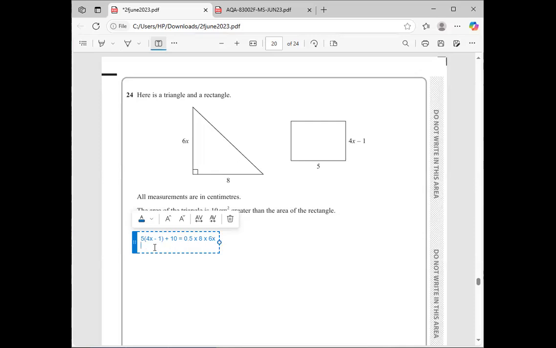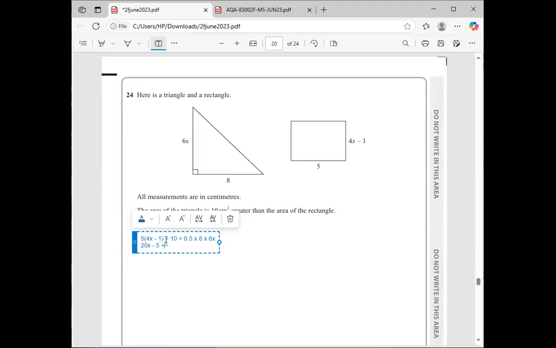Now, on the left-hand side, I have 5 into 4x minus 1. That's going to give me 20x minus 5, because 5 is going to multiply the 4x, and 5 is going to multiply 1. All this is equal to, oh my goodness, I've forgotten the 10.